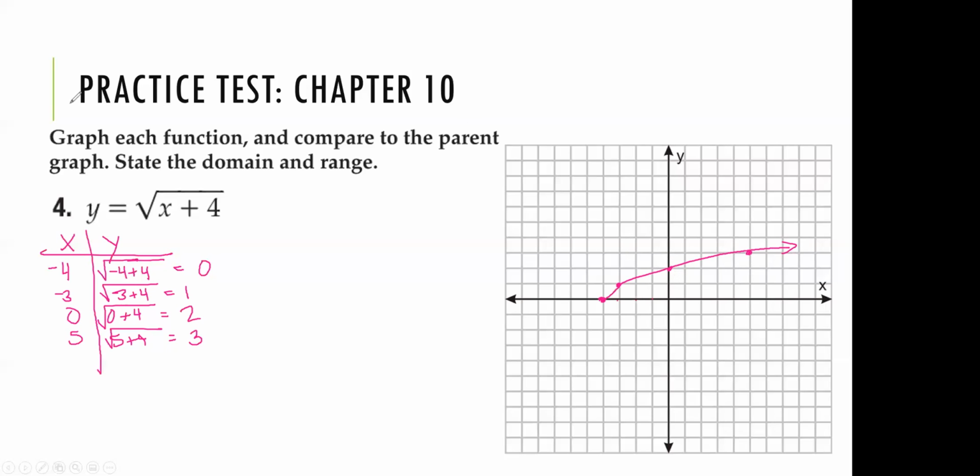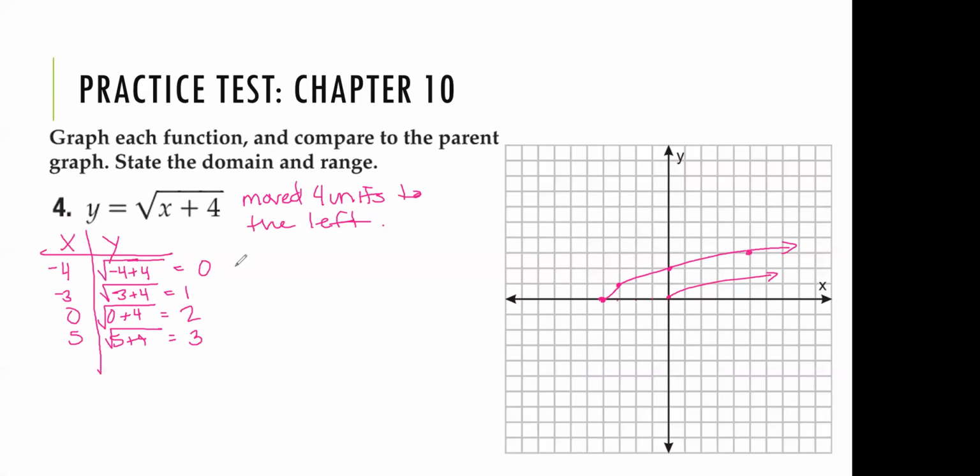Okay? And from the parent function, remember, the parent function starts at the origin. So what happened is that it moved 4 units to the left. Okay?